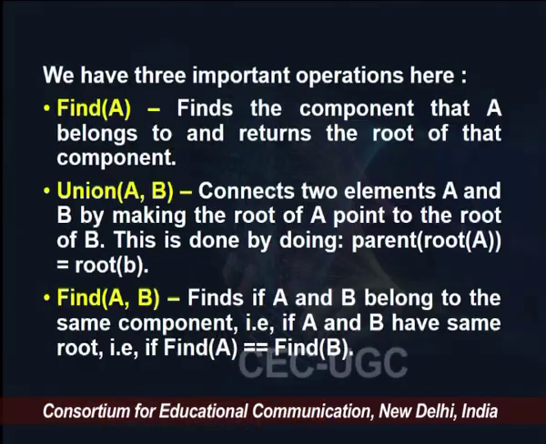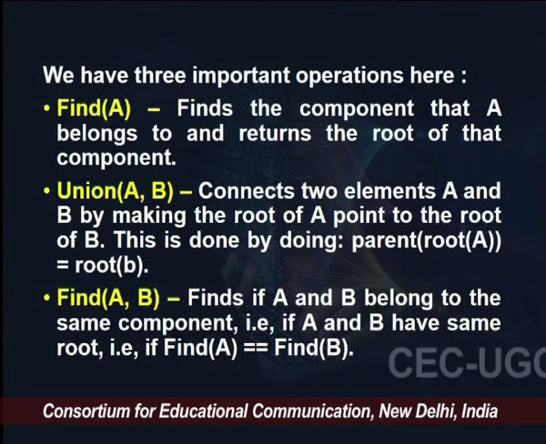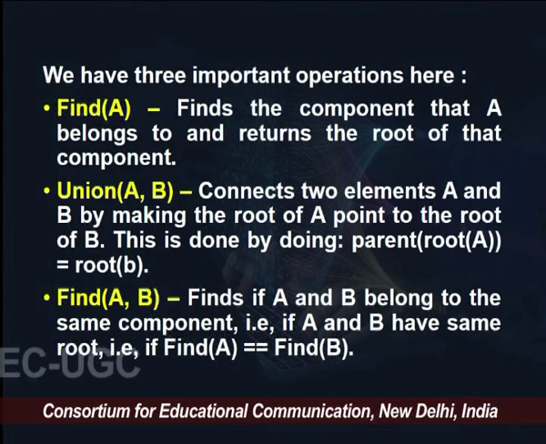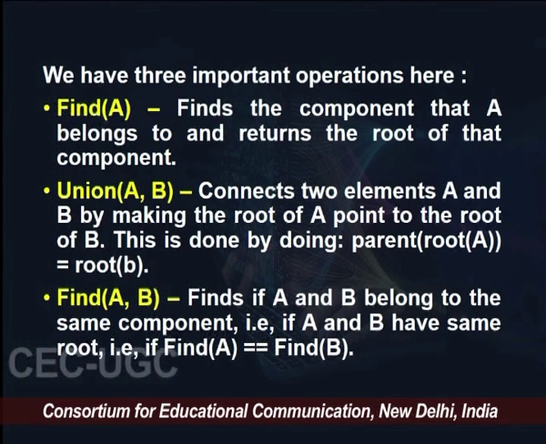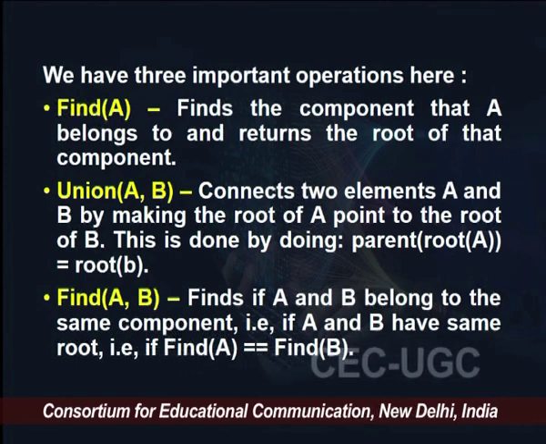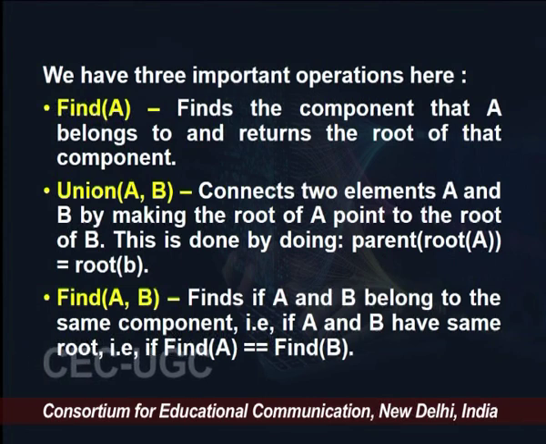So, when we talk about this union find data structure, there are a few important operations, and these are: one is find A, another one is union A comma B, then the third one is find A comma B, and the fourth one is make set X. So, basically these are not non-overlapping operations, they are overlapping operations.